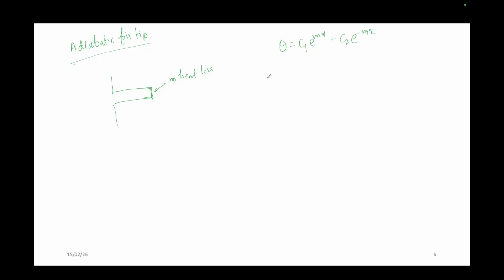And the first boundary condition is at x is equal to 0. More realistic in terms of physics, what can you say? No heat loss means Q is 0. So what does Q is 0 indicate?